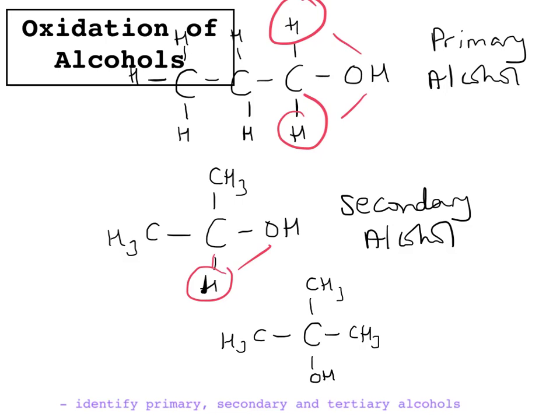And this cannot be oxidised because there are no CH bonds to break on the C attached to the OH. So this one would be called 2-methyl-propan-2-ol, and this is an example of a tertiary alcohol, as I said, because there are no hydrogens on the carbon which the OH group is attached to.